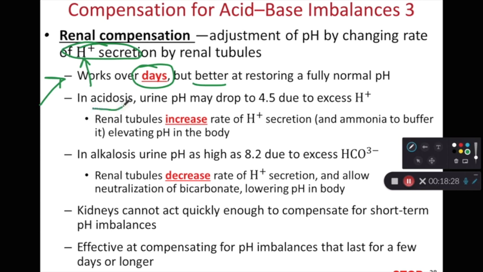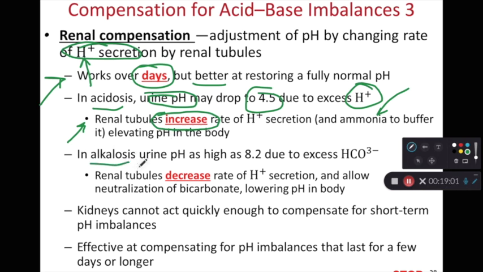If we have acidosis, we have too many hydrogen ions in the body, and the urine will have its pH drop because we dump more hydrogen ions into the solution. And the renal tubules will increase the amount of hydrogen ions they dump into the urine and the amount of ammonia that we have in order to buffer it so that we can ultimately elevate the pH in the body. So in response to that acidosis, we urinate out more acid and raise the pH of our body.